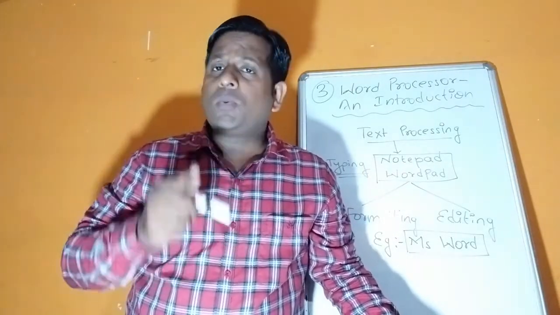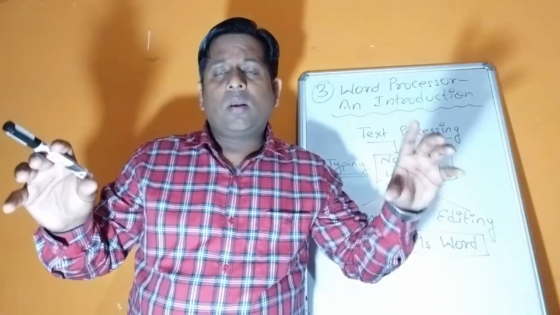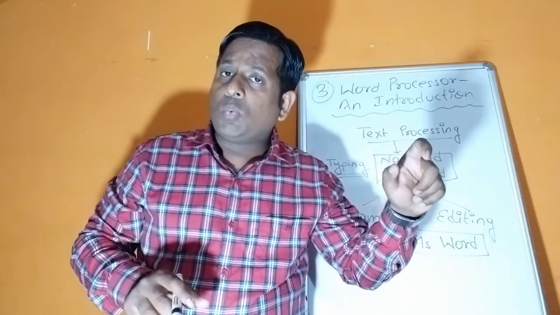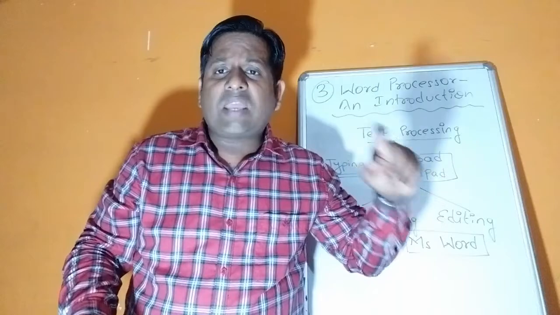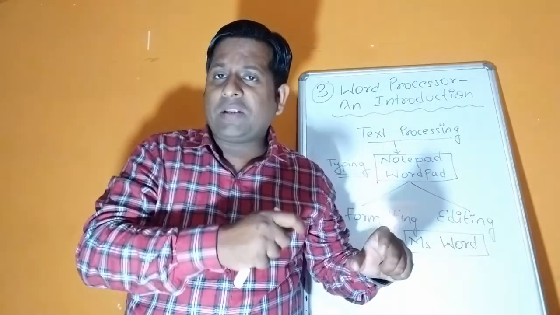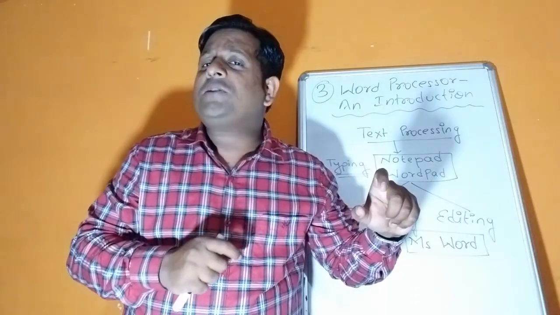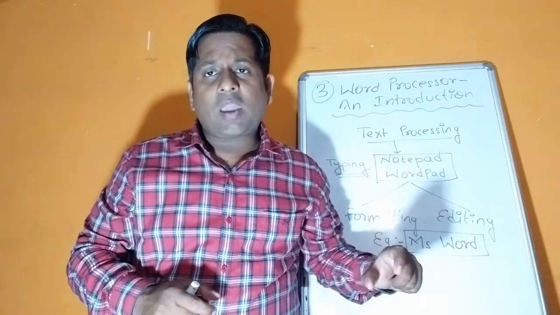Why do we prefer Microsoft Word? Because everything is visible on the screen only. Like the buttons: New, automatically we understand new means to create a new document. Save, automatically we understand that we need to save. Close, print. See the words, these are very familiar to us. New, open, save, print, close.